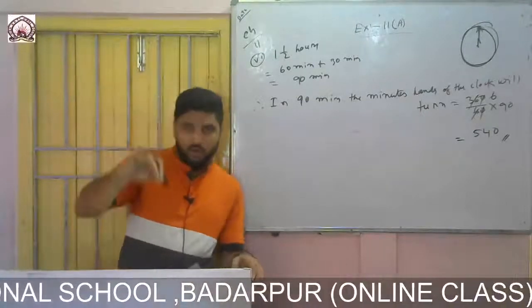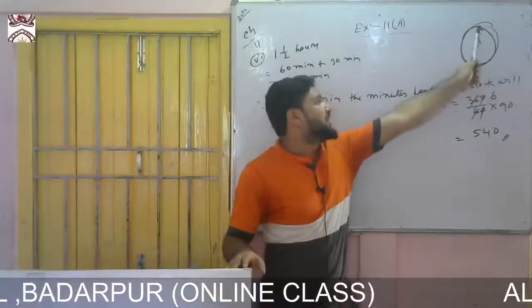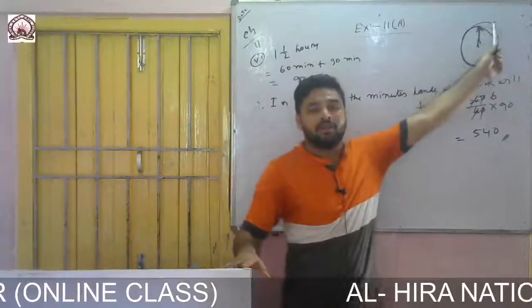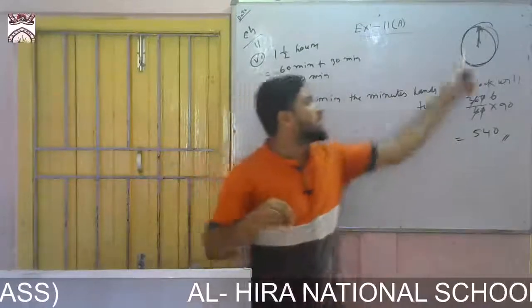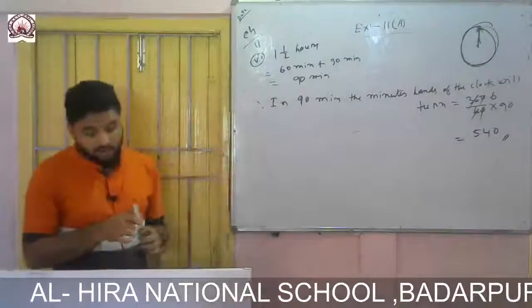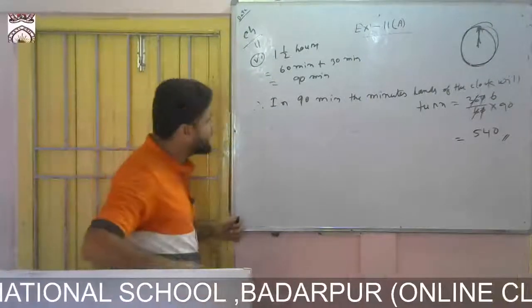Because if the hour hand starts from 12 and again reaches 12, it will be one rotation. From 12 to again 12 is 12 hours, so it is 360.